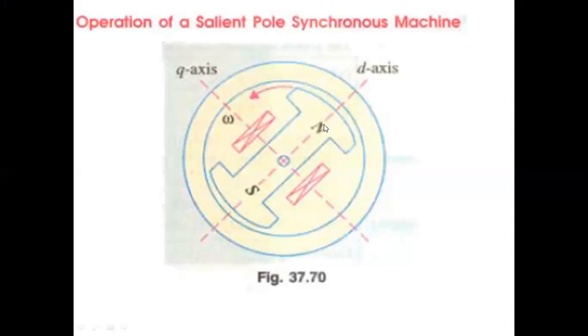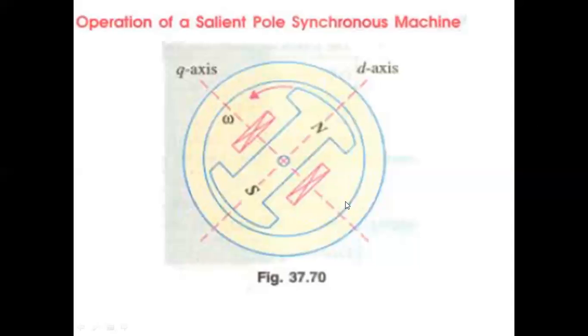Here, two MMFs will be acting on the D axis of the salient pole synchronous machine: one is field MMF and the second is armature MMF. Only one MMF, the armature MMF, will be acting on the Q axis, because field MMF does not have a Q axis component.